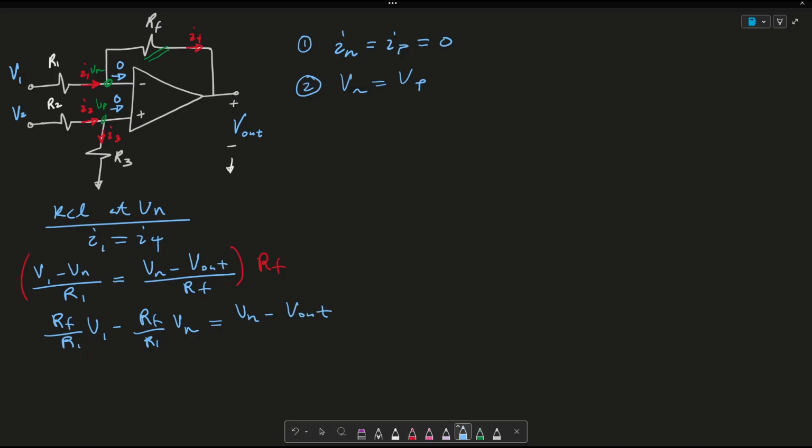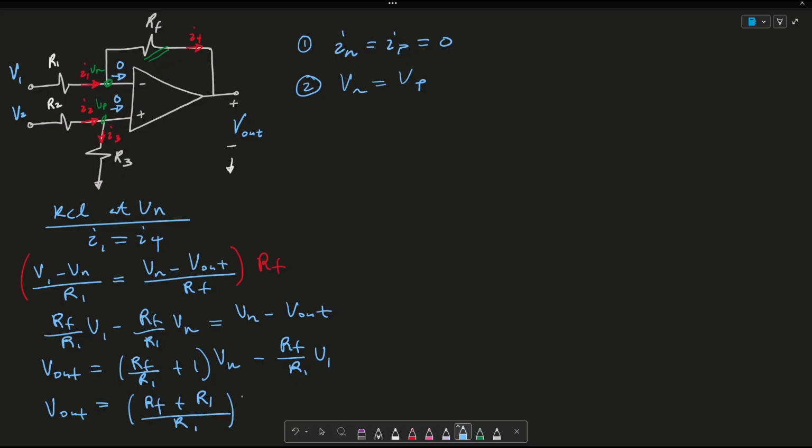If I move the Vout to the right-hand side, I can say then that Vout is equated to RF over R1 plus 1 times Vn minus RF over R1 times V1. So then I'm left with Vout is equated to RF plus R1 over R1 Vn minus RF over R1 times V1. Let me call this equation number 1.